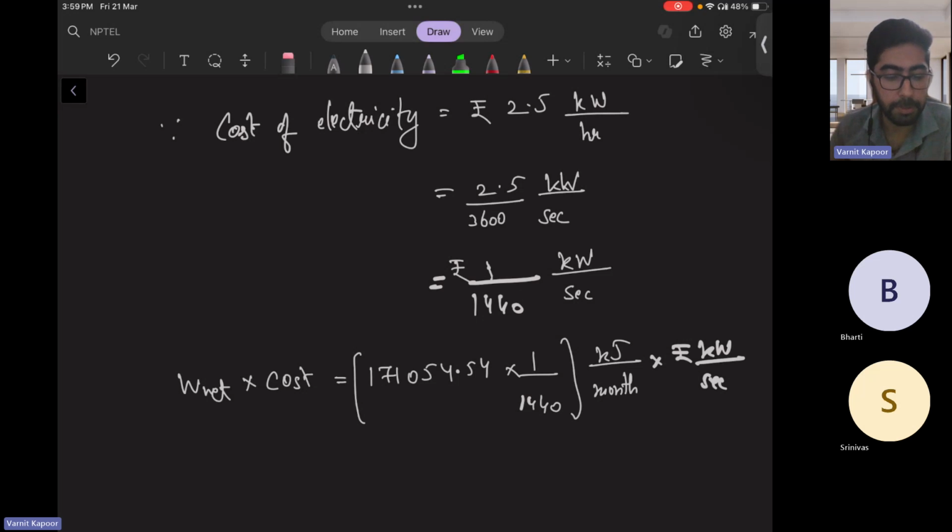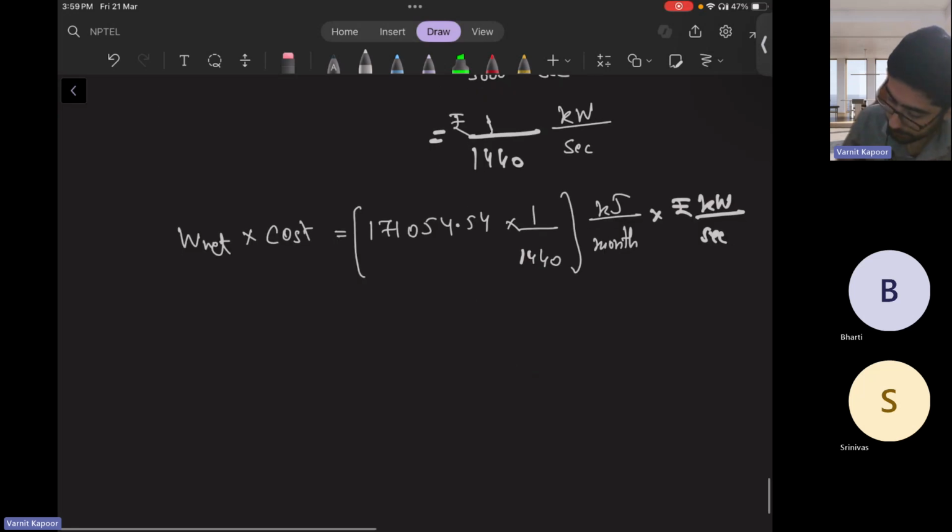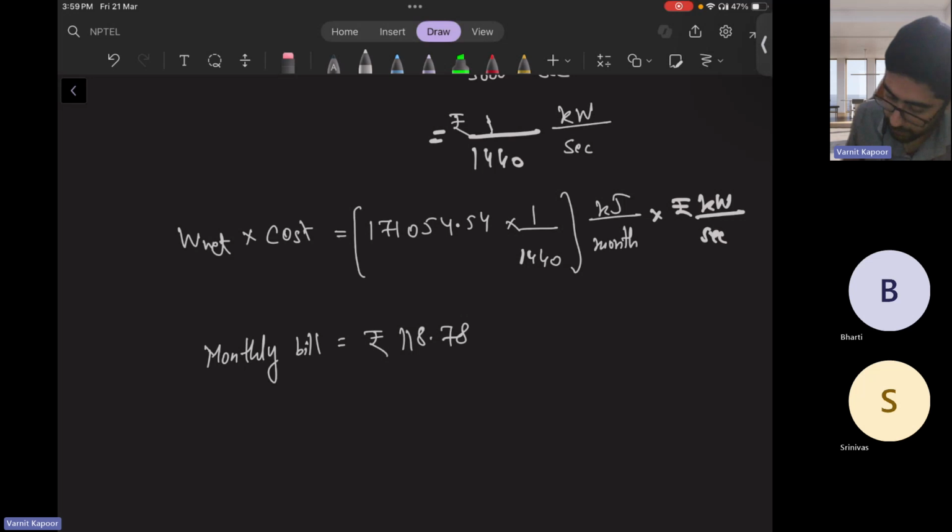It should come out to be rupees 118. Let us see: hours into 171054.54, 118.78. So the monthly bill comes out to be rupees 118.78.